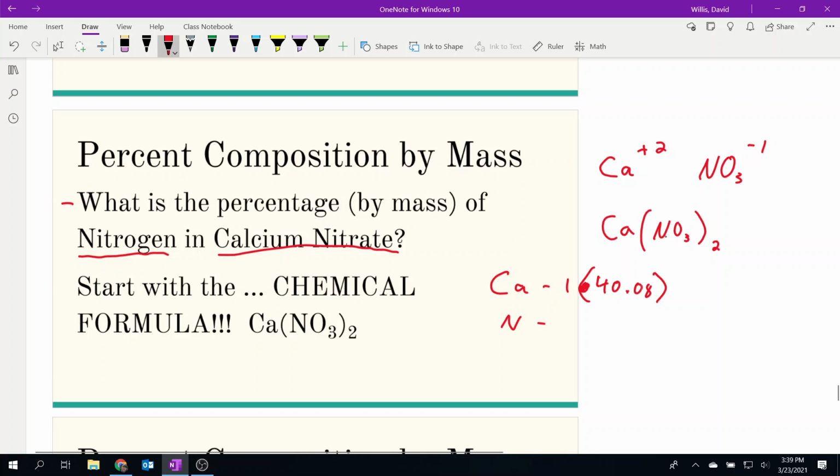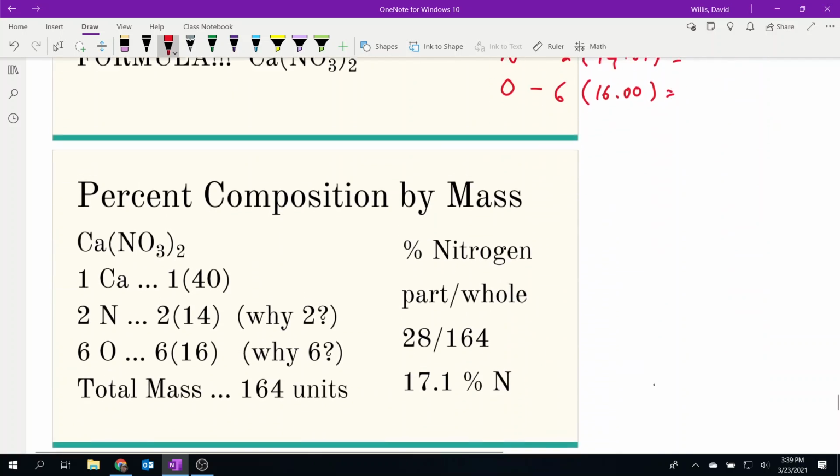No. We have 1 nitrogen in each nitrate, but there are 2 nitrates. So 2 times 1 is 2, and each of those then is 14.01. Next, oxygen. There are 3 in each nitrate, but 2 nitrates, so that's a total of 6 times 16.00.